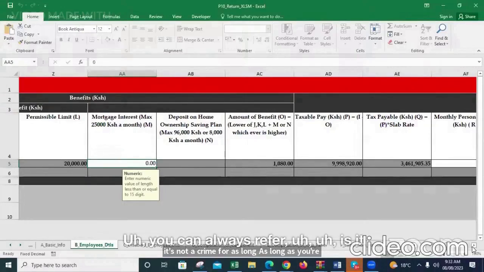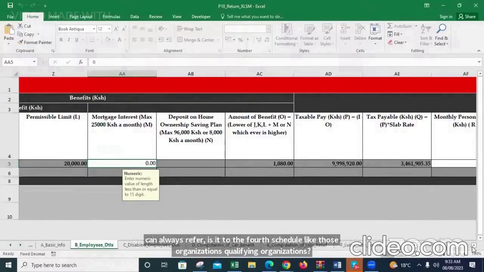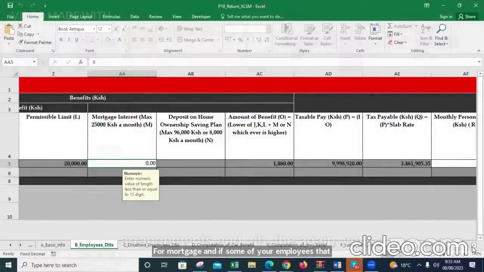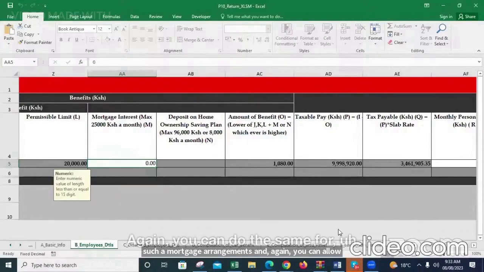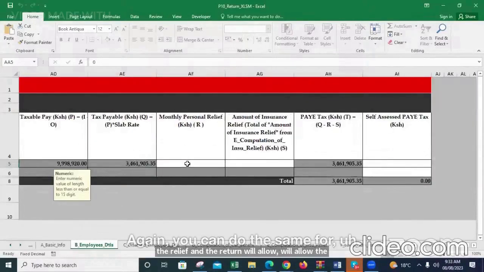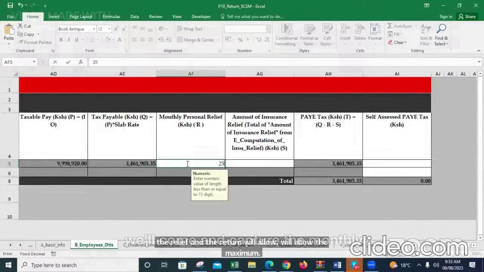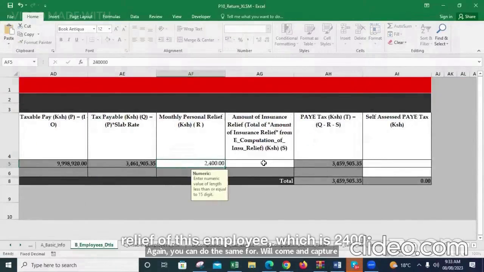You can refer to the fourth schedule for qualifying organizations for mortgage. If some of your employees have such mortgage arrangements, you can allow the relief, and the return will allow the maximum. We'll capture the monthly relief of this employee, which is 2,400.